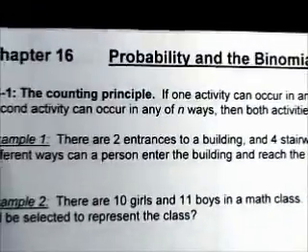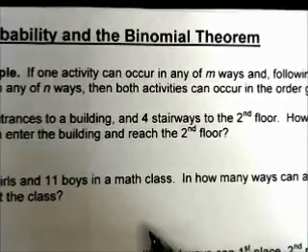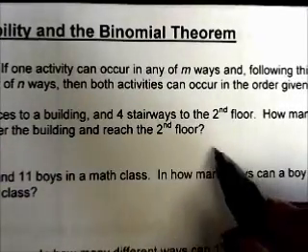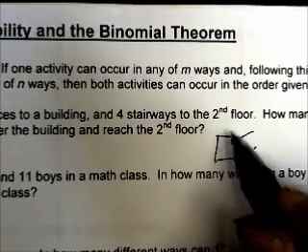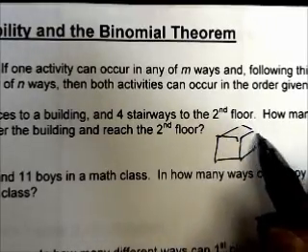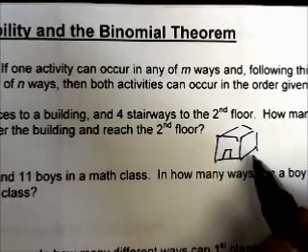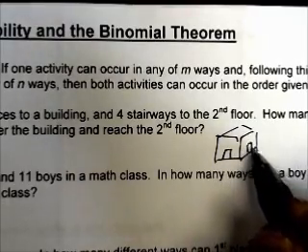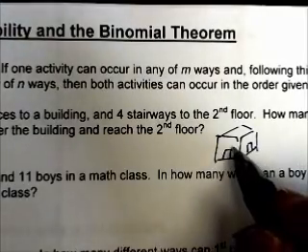For example, there are 2 entrances to a building and 4 stairways to the second floor. So let me just quickly sketch a building. Suppose we have this building with a front entrance and a side entrance. And then there are 4 stairways to the second floor.